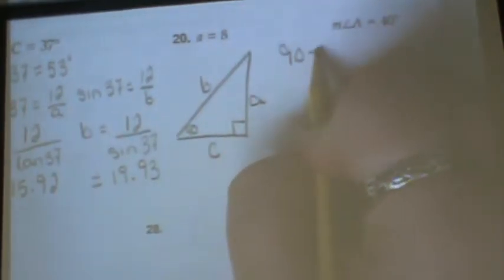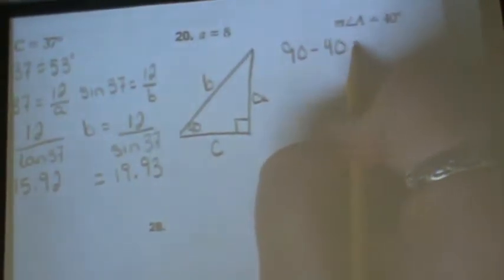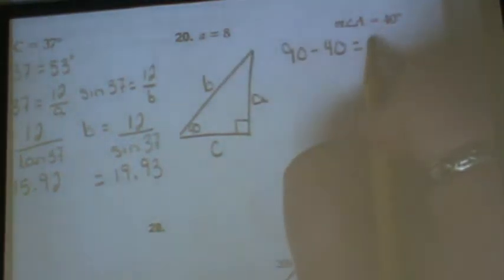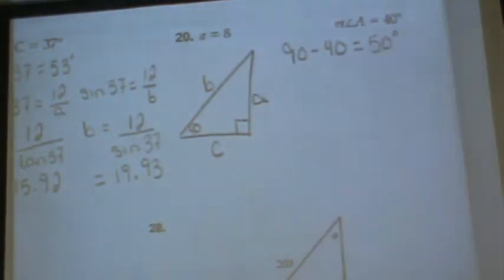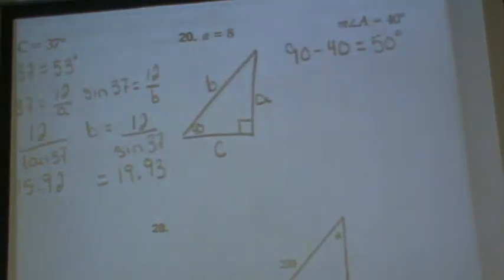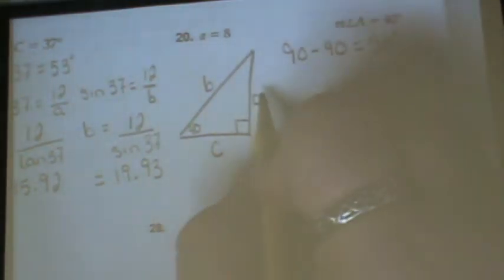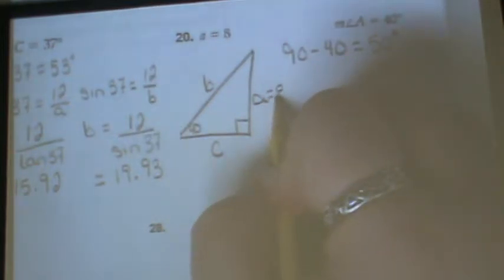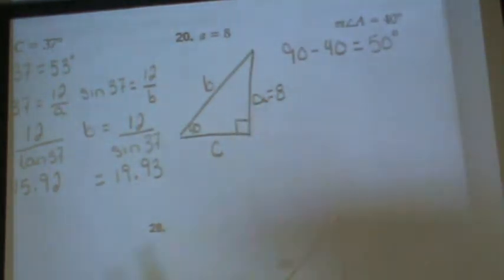So we have 90 minus 40. So we get a 50-degree angle. And then we need to find A, B, and C. Oh, we're given A. So A is 8. So we only need to find B and C.